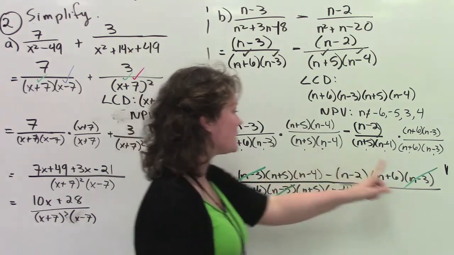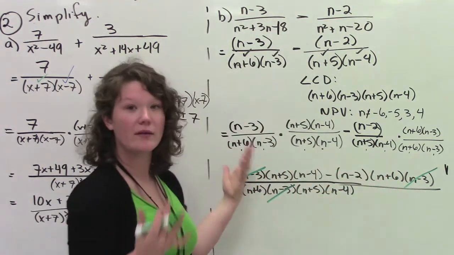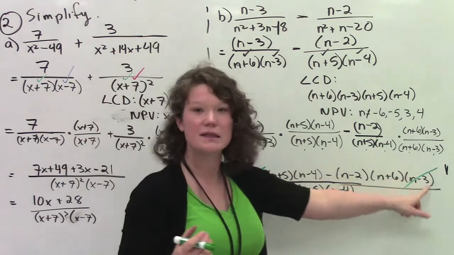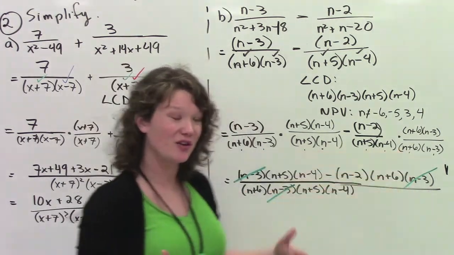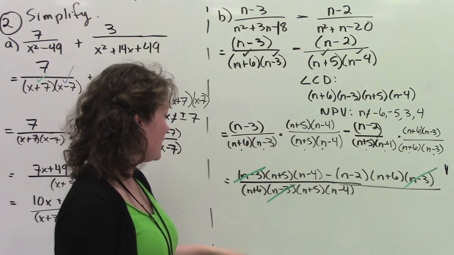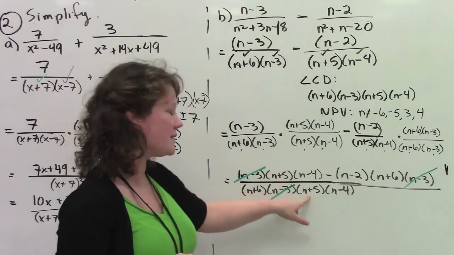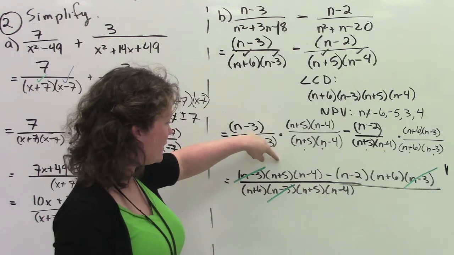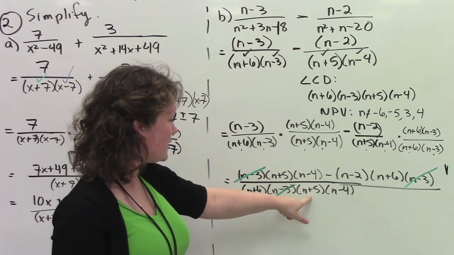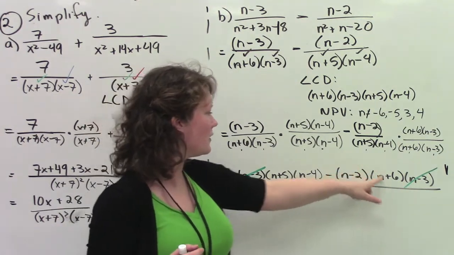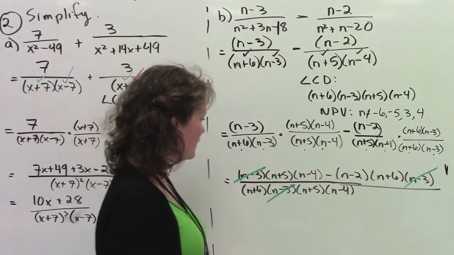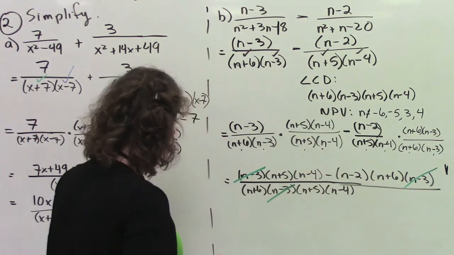But if you can cancel out an n minus 3 or whatever variable from every single term, here's a term, here's a term, here's a term, if you can do that, that's good. We can't cancel n plus 5 in the same way, right? Because we have n plus 5 in this one, n plus 5 in this one. There's no n plus 5 in this one, the term after the subtraction sign. So we can't do that.